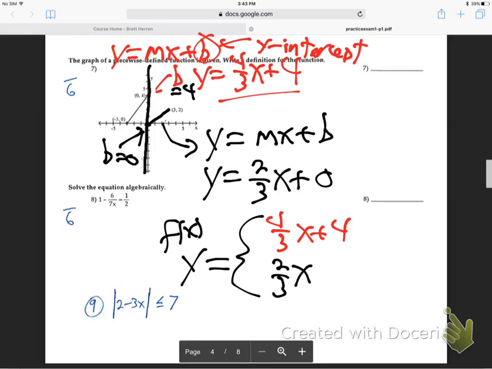But then you've got to give the x region for each of those. In other words, I've got to say x between a couple of numbers and x between a couple of numbers. Well, how do you know which numbers? Well, you go back over to the picture, and you ask yourself, this line here exists in which x territory?